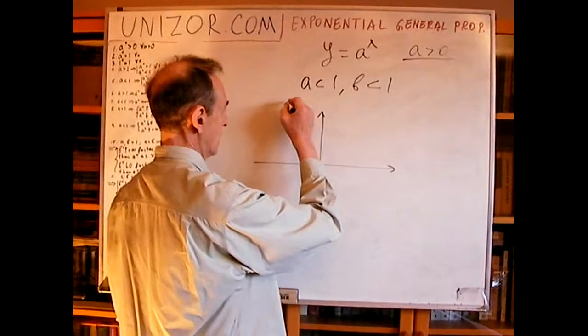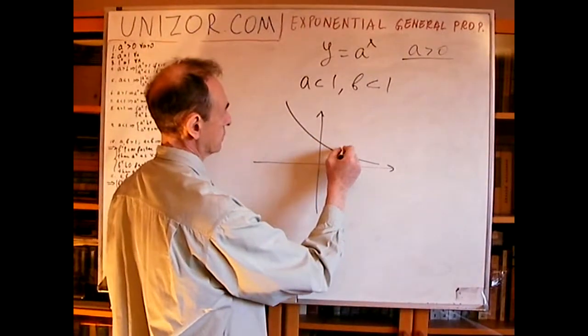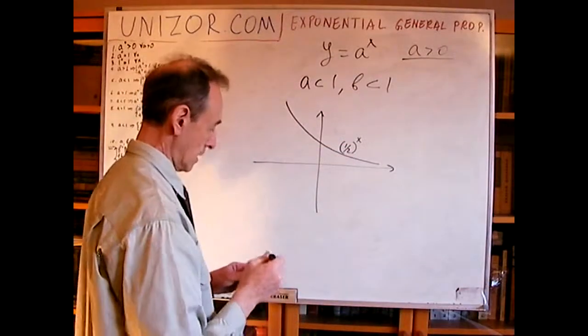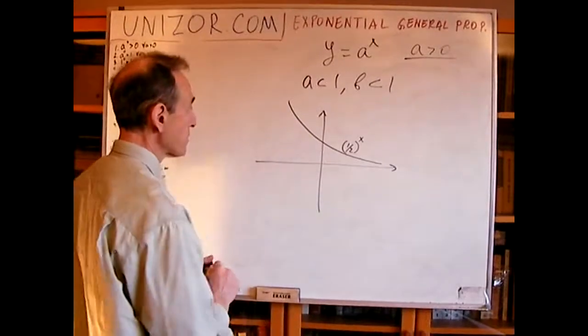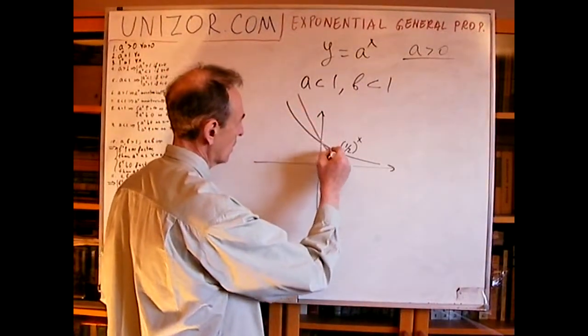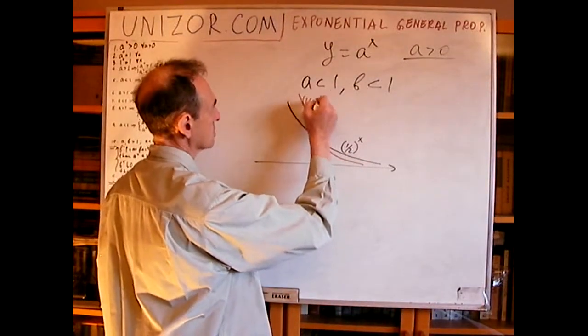So if this is the graph, this is, let's say, 1/2 to the power of x. Now, if you have 1/3, then it should be 1/3 to the power of x.